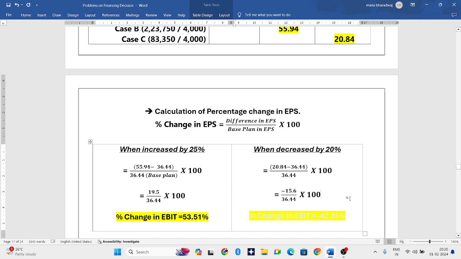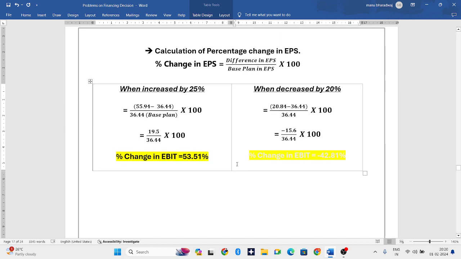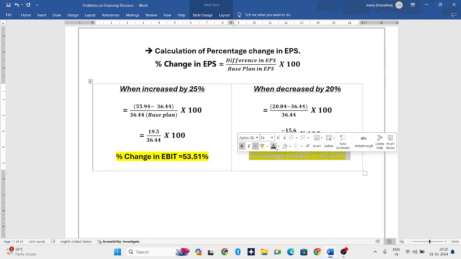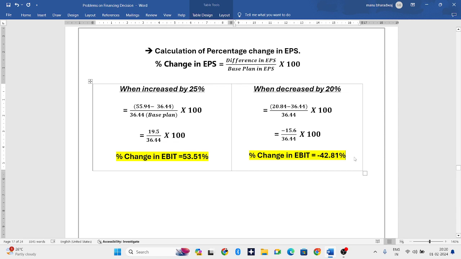That has to be divided by the base EPS, 36.44, and after dividing you have to multiply it by 100. Once you multiply it by 100, you will get the percentage change in EPS. It will be minus 42.81 because it is decreased, so you will get a negative percentage. This is how you need to solve the problem. Hope you have understood how to solve the problem.